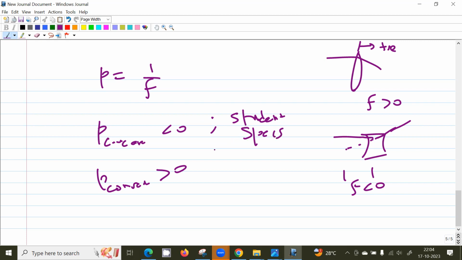Okay, and the unit for power is diopter when the focal length is measured in meters. If you put in centimeters, you'll get the wrong answer. So make sure, if you want to get the power, you have to put the focal length in meters to get the power in this unit, diopter. And the power of this concave lens is negative.